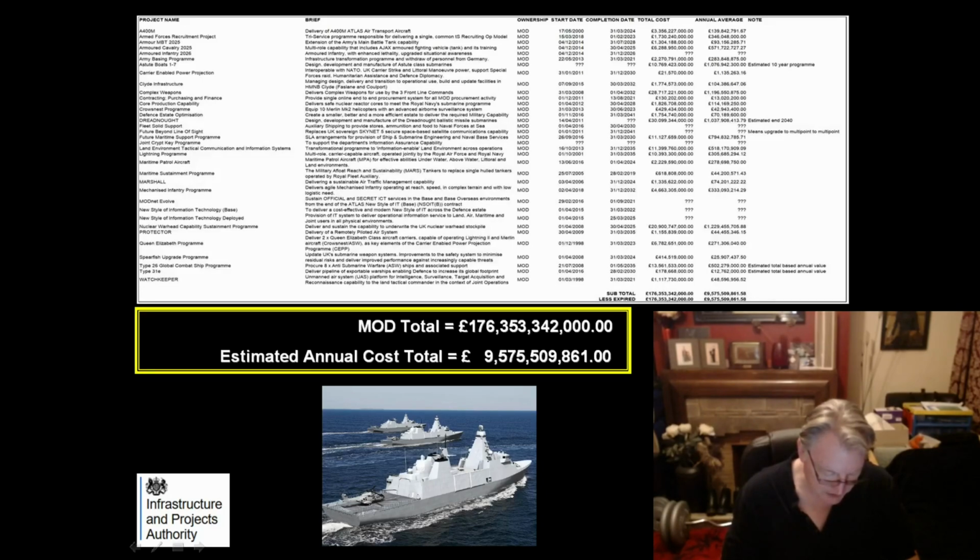I'm not going to go into too much detail around the Ministry of Defence because, well, some of them, and you'll see by the side note where I've been able to estimate what the values are based on data that was included in the document that I downloaded.